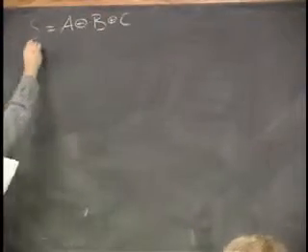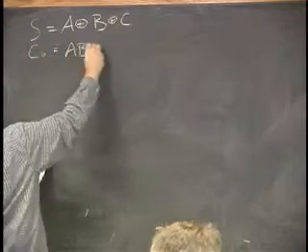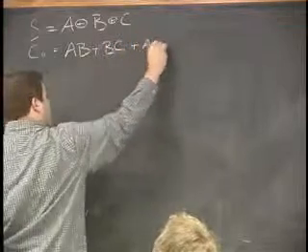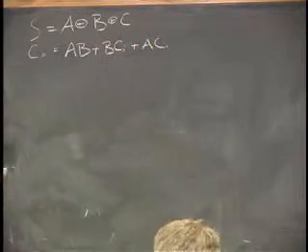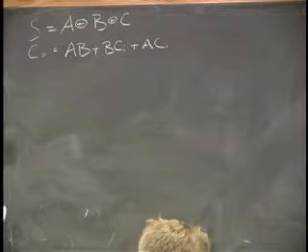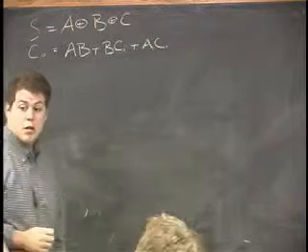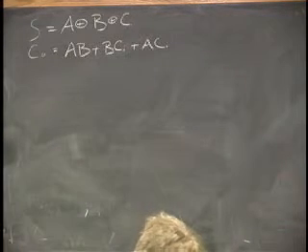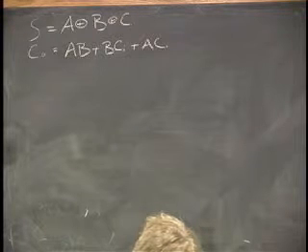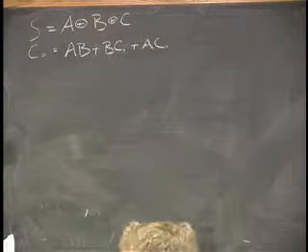And we know that the carry out equals AB or BCi or ACi, right? That's pretty well established. Well, is that an XOR symbol up top? Yes. You're neglecting the case where it's A and B and C? No. A XOR B XOR C is also true.